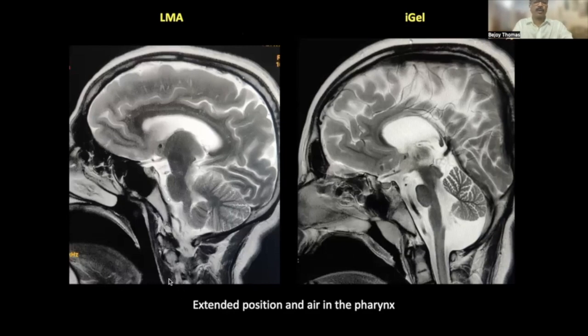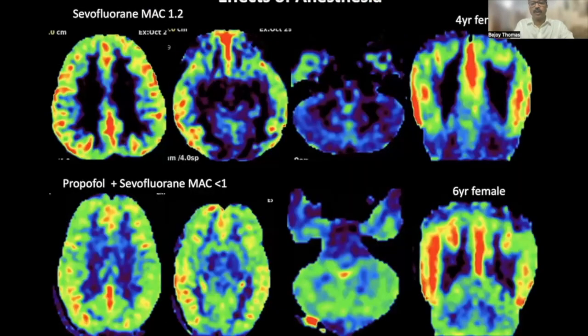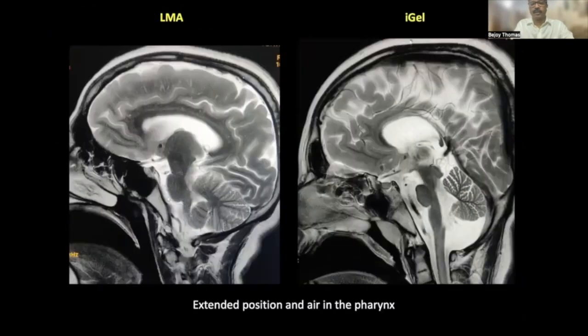Also, most of the time, they will tend to hyperextend the neck, which again changes the labeling plane. Ideally, you have to have a neutral position, and you have to label parallel to the ACPC line, and you cannot actually tilt the ASL labeling plane in most vendor supplied ASL methods.